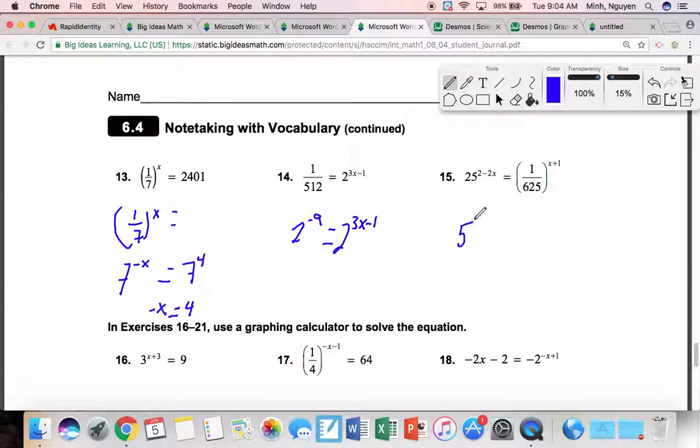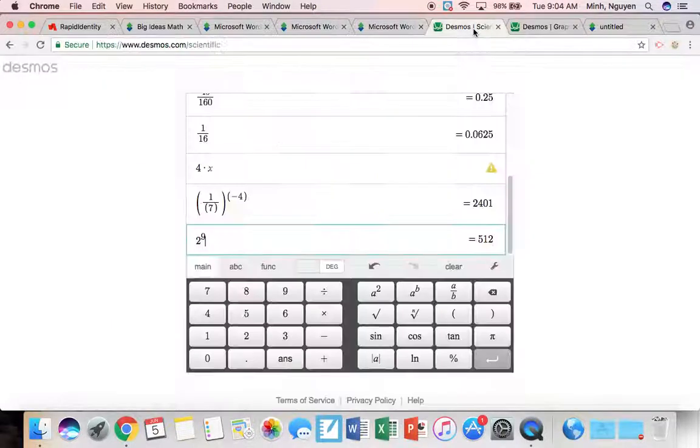This is 5 squared, 2 minus 2x. You're going to use the same techniques as like 10, 11, 12 to solve this. Equals, let's see, what is 625? 5, 5, 5, oh, 4.